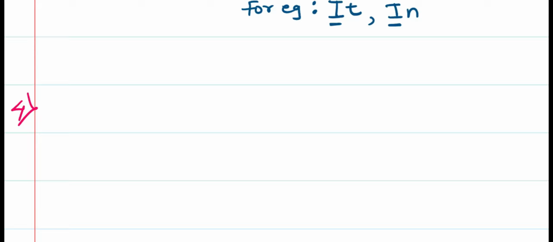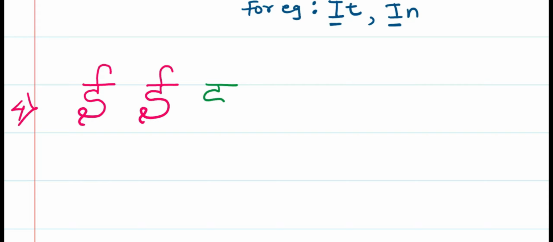Okay, let's go to the fourth one. The fourth one is similar to the third one. You make an S, a loop, and a hook on top of it. Let's try one more time together. You make an S, a loop, and a hook. The hook should attach to the line that you have drawn on top of it.